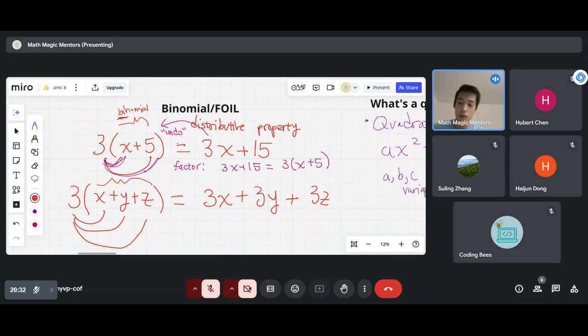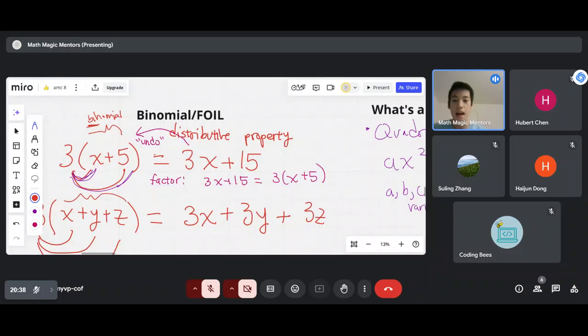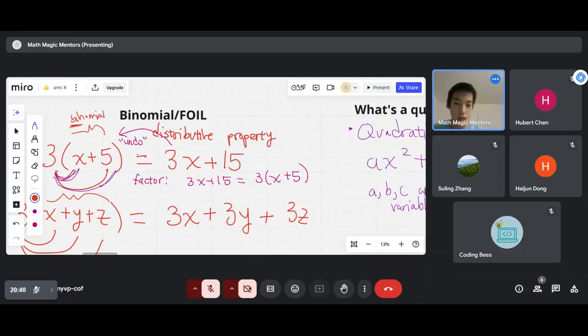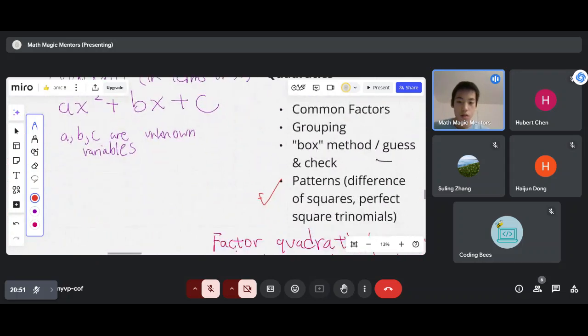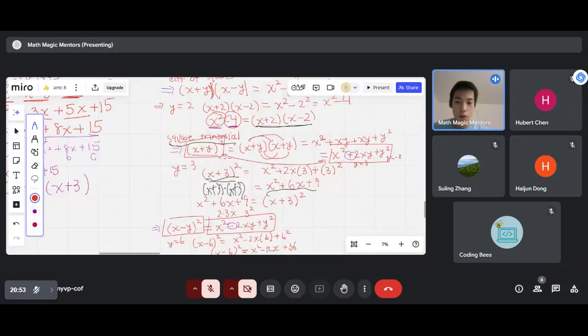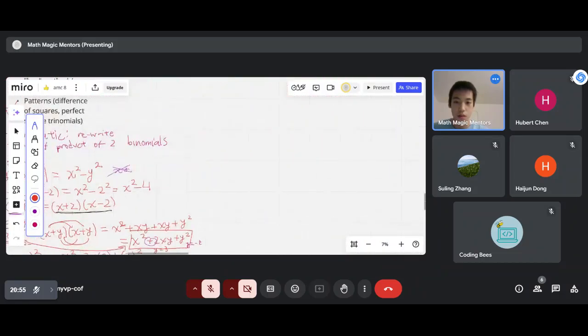Technically, you can factor it in other ways, but for simplicity's sake, we're going to say that we can factor out a 3, which is our common factor of 3x and 15. That will give us the product of 3 and x plus 5. So let's see what we can do with common factors.